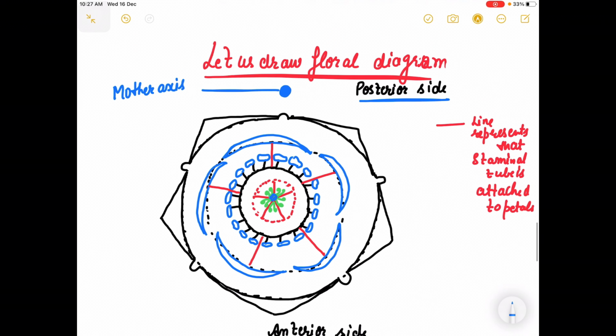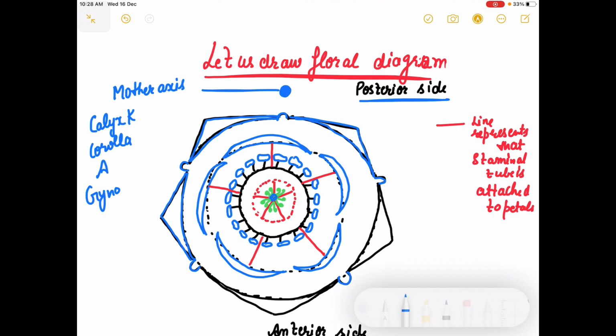First, as I told you, we have to move from the outer whorls, from calyx, then corolla, then androecium, and then gynoecium. How many sepals did we have? 5. And what kind of estivation did they have? Valvate. But because these sepals are fused, we will make loops between every sepal, because they are joint. They are fused, so you have to draw these loops. And how do we draw sepals? These triangular shapes.